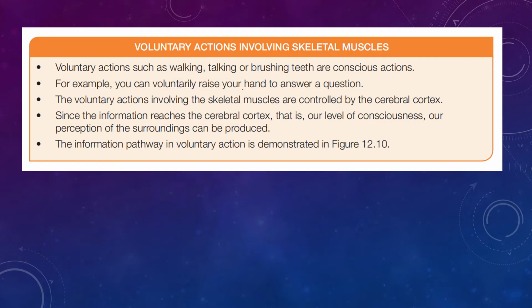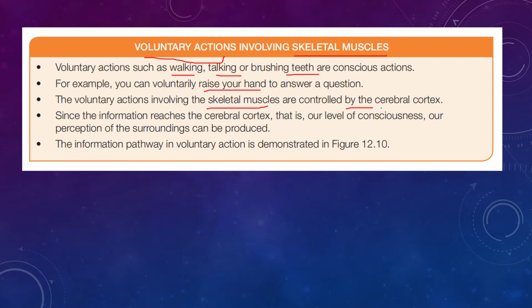So these are examples of voluntary actions that involve the skeletal muscles. For example, when we walk, we talk, we brush our teeth, these are all actions that we are conscious of. For example, when we voluntarily raise our hands to answer questions, we do it on our own will. So voluntary actions involve skeletal muscles.